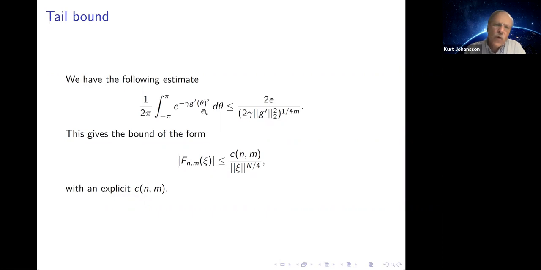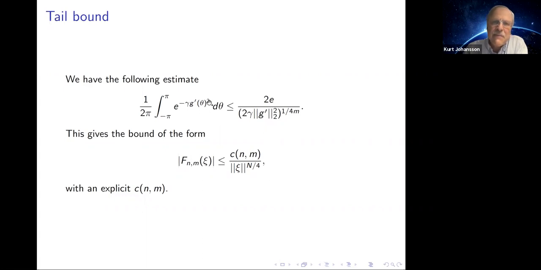Of course, this would happen in a relatively short interval, but still you have to estimate this effect, right? So if I have a simple zero, then g prime theta would be like theta squared around that zero. Say I have a zero at the origin, then this would be like theta squared, and I could have a Gaussian integral.